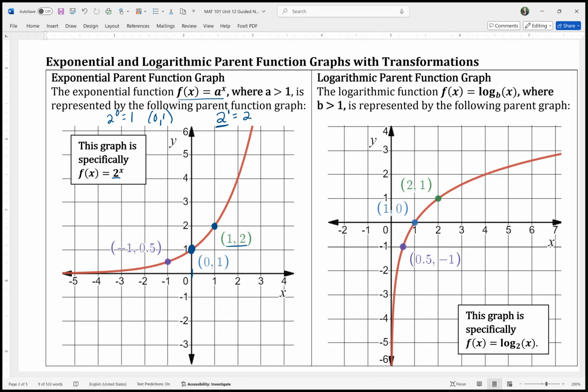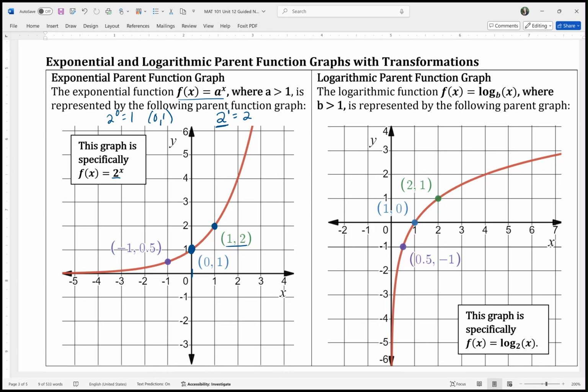And this is because exponential and logarithmic functions are inverses of each other. We have previously talked about inverses. Inverses is if you have x, y on the original, you can flip that to make y, x on the inverse. And these are a perfect example of that, okay? Exponential and logarithmic functions are perfect examples of inverse functions.